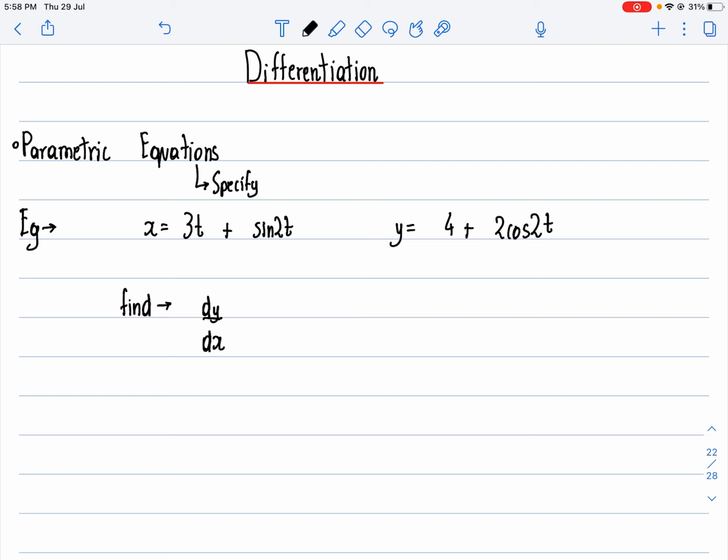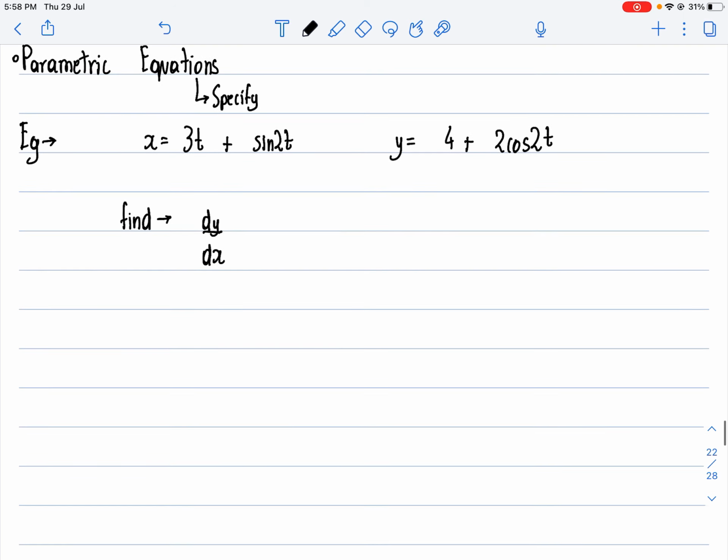The basic concept you need to know here is that dy by dx is equal to dy by dt divided by dx by dt. You might be confused about how it is derived.